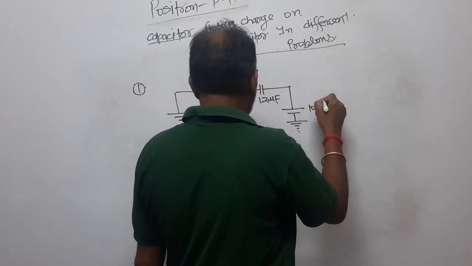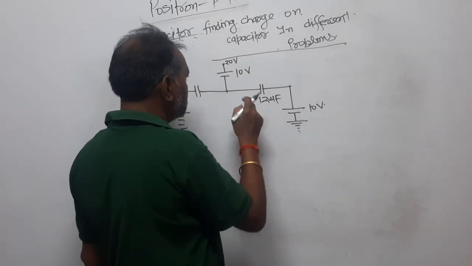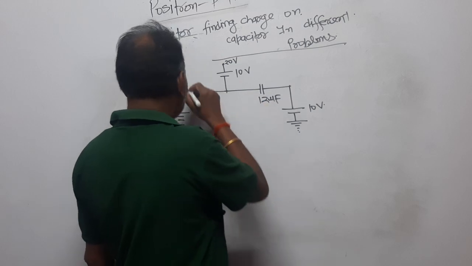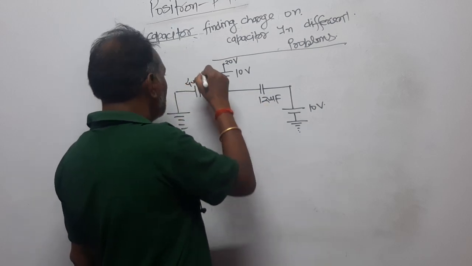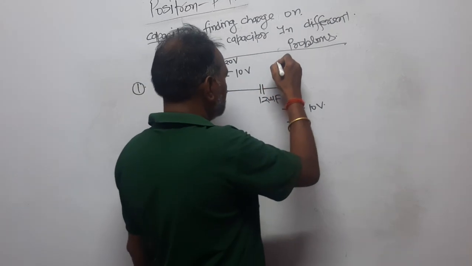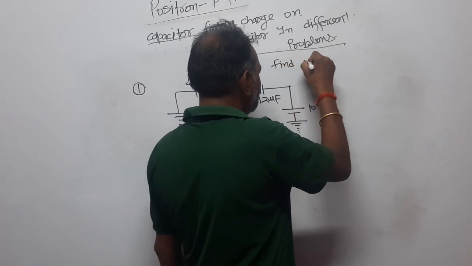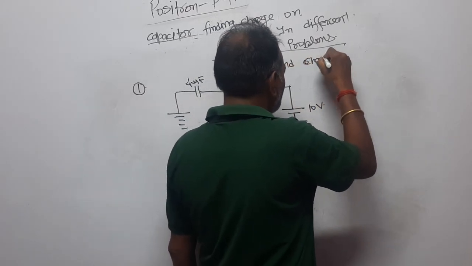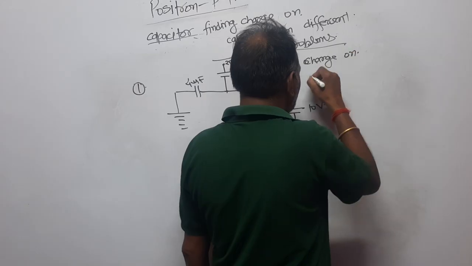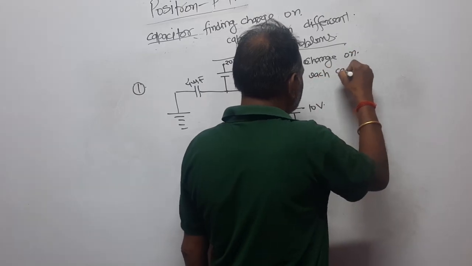This 10 volt, this 20 volt, this is 10 volt, 12 microfarad, and it is 4 microfarad. What we have to do? Find the charge on each capacitor.